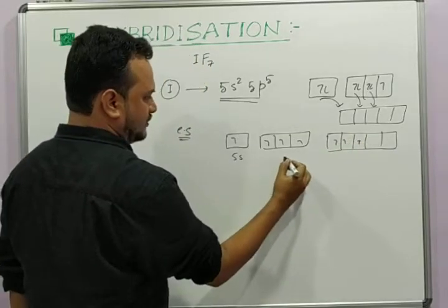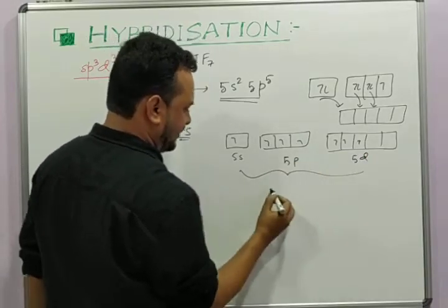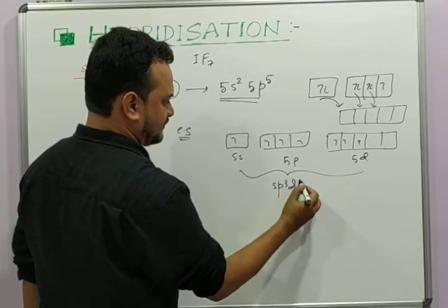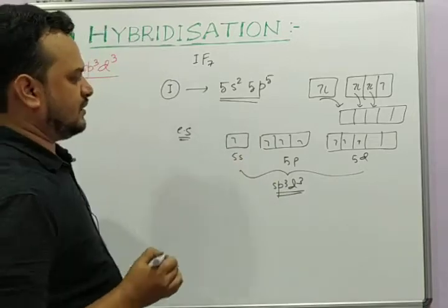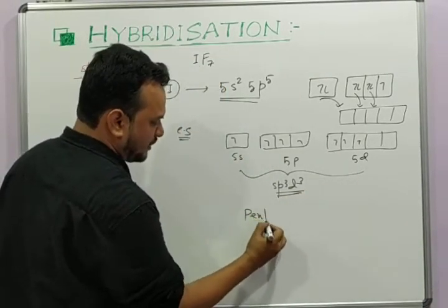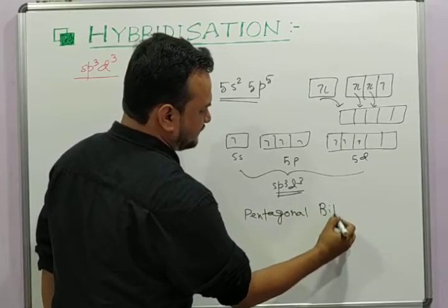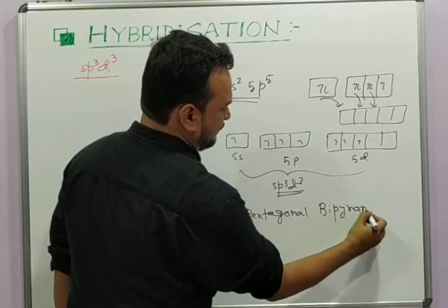So all these undergo hybridization to give you sp3d3, and the corresponding geometry is pentagonal bipyramidal.